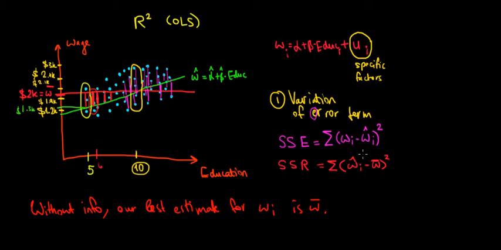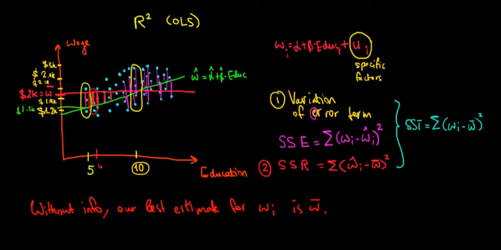Now by definition, these are the two sources of variation, and they add up to the total variation in our model. I'm going to write it over here. They make up the total variation in our model, and the total variation is equal to the sum of squared differences between the actual observations and the best guess, again to the power of 2.